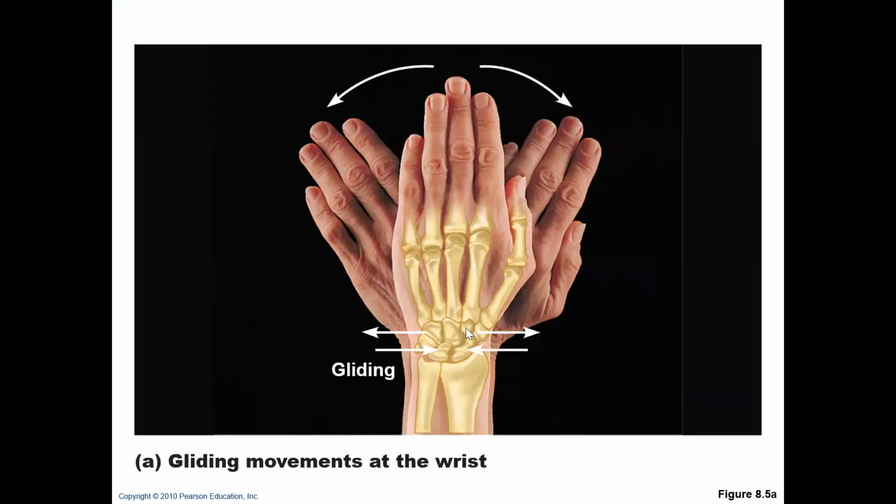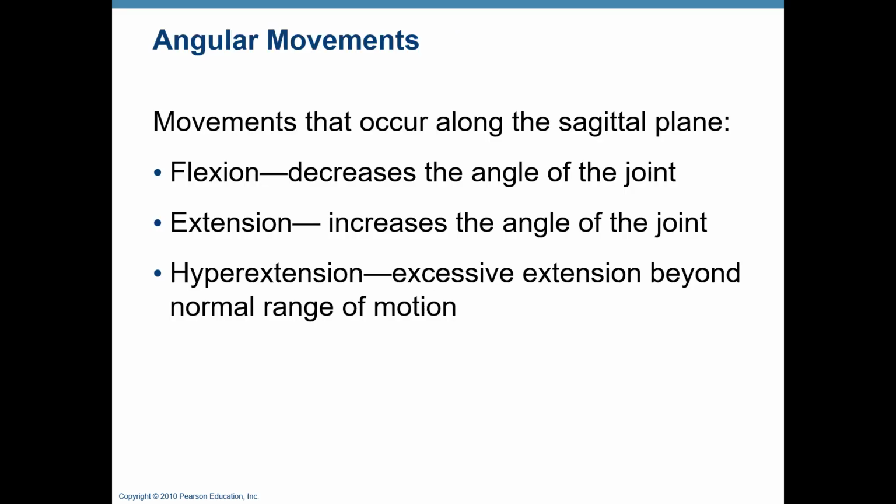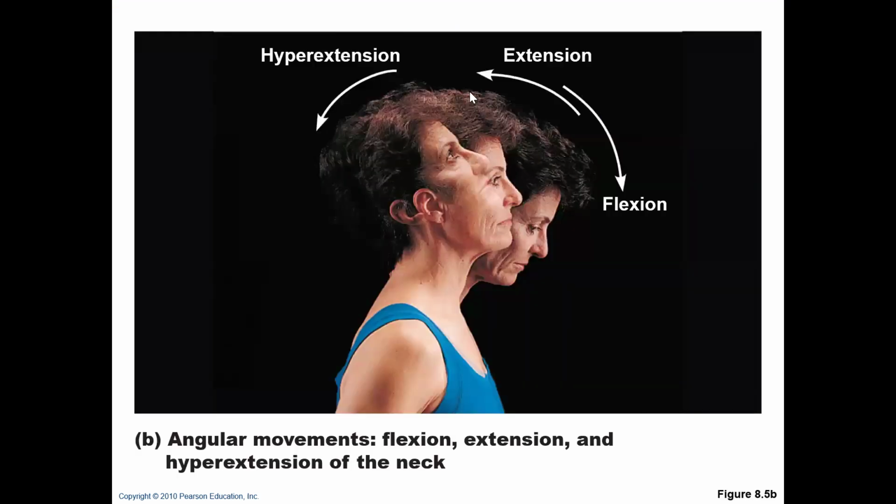So here, this is a synovial joint in the wrist. They're called plane joints, and the type of movement they allow is called gliding. So going side to side, like if you're waving, is gliding. Flexion, extension, hyperextension. Okay, let's have a look here.